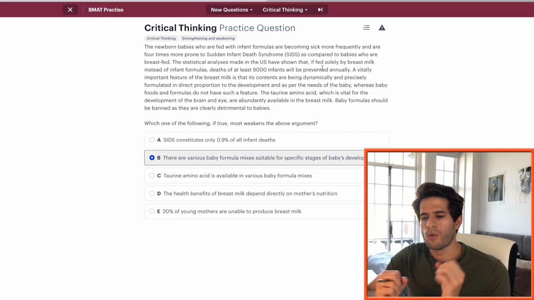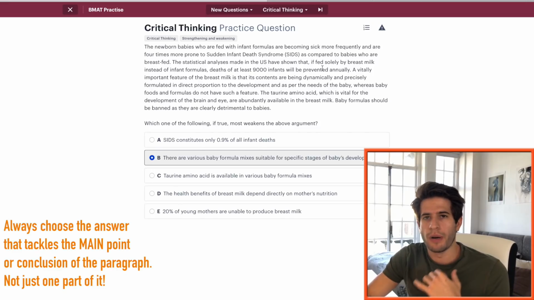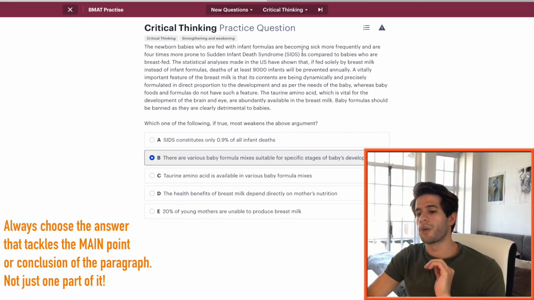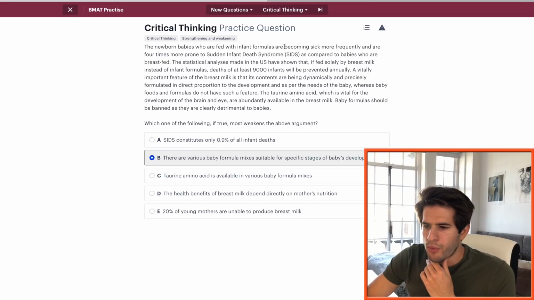So let's find out what the core conclusion of the top paragraph is, because that's the one that we want to weaken the most. So newborn babies are more frequently prone to SIDS. This statistical analysis shows that if fed solely breast milk, a lot of deaths would be prevented. Vitally important features as concepts are dynamically and precisely formulated in direct proportion to the development as per needs of the baby.